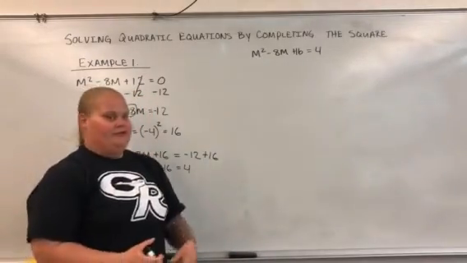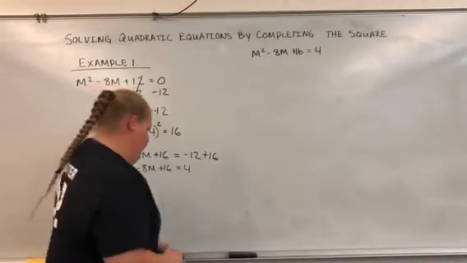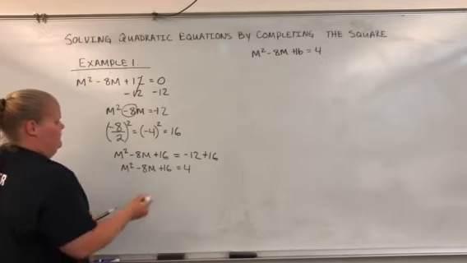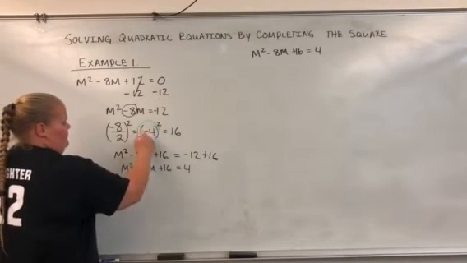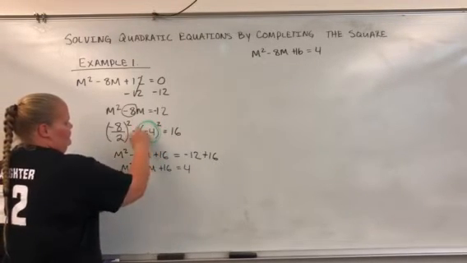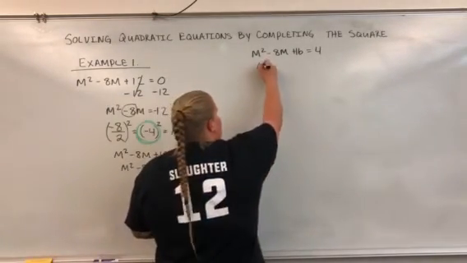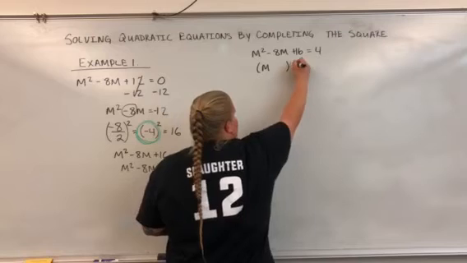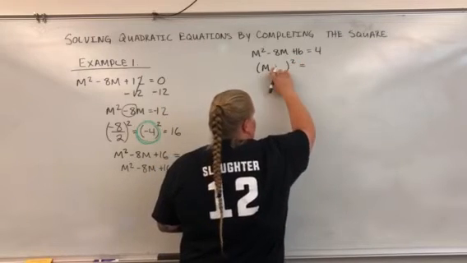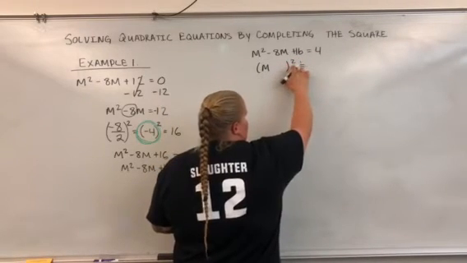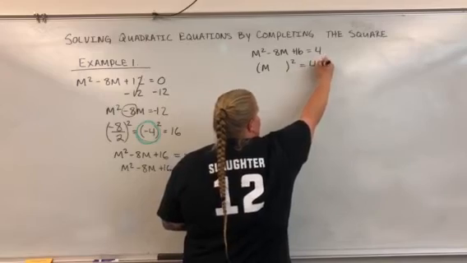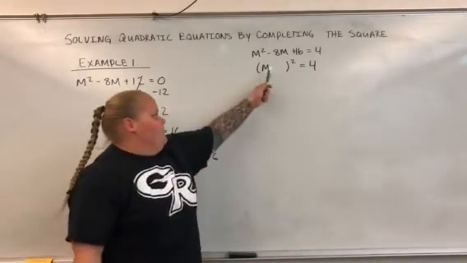The factored version of this, what we do is we look at this negative 4 over here. The factored version of this is going to be m something plus or minus something squared equals 4. What goes in right here?